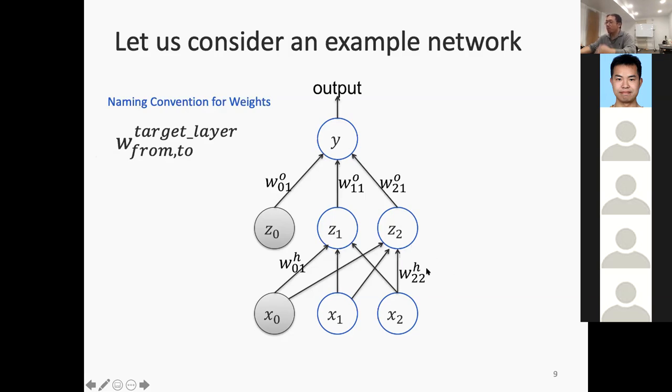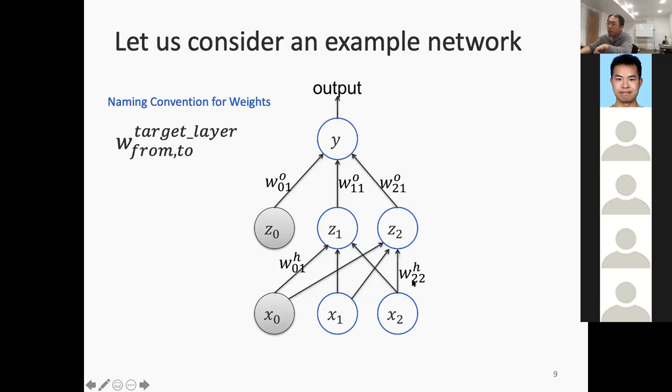The corresponding edge connects from neuron 2 in the input layer to neuron 2 in the hidden layer. So the from node is indexed by 2, and the destination node is indexed by 2. That's why the subscript is 2, 2: the from node number is 2, and the destination node number is 2.